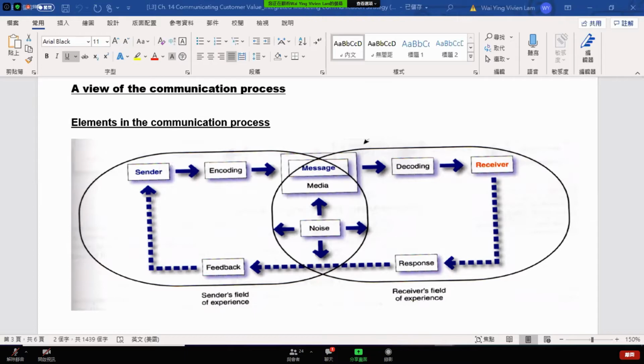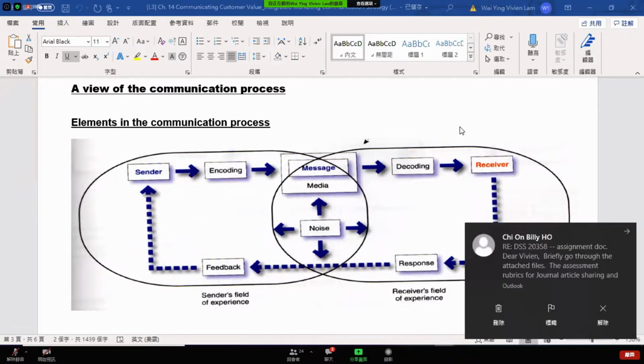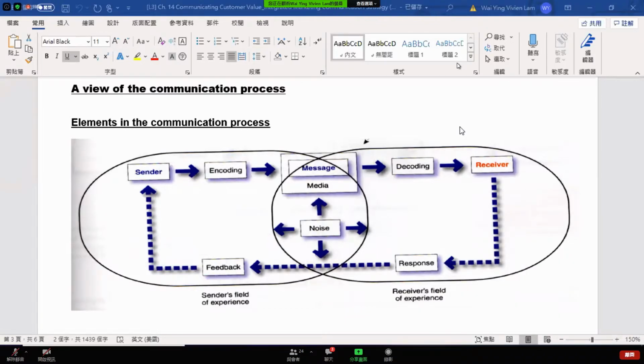Physical means actual noisy sounds, and psychological noise means, for example, you are not paying attention, or you're thinking about the competitors rather than this particular product or service. So that can be the reason why.